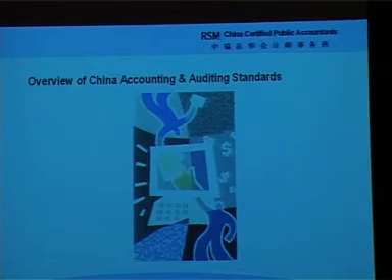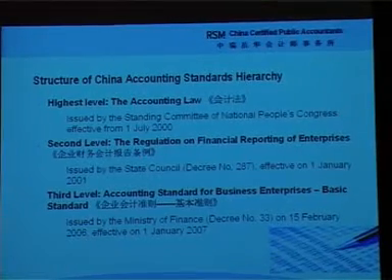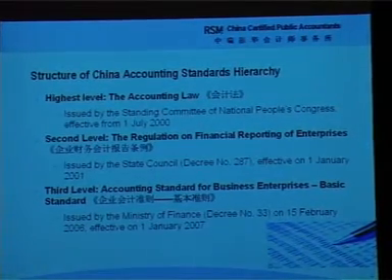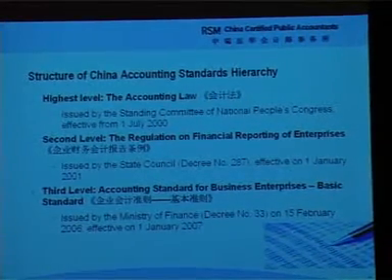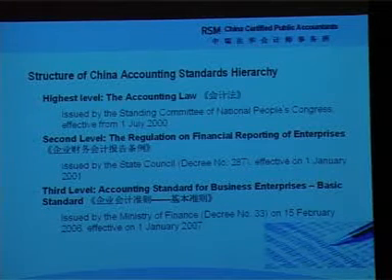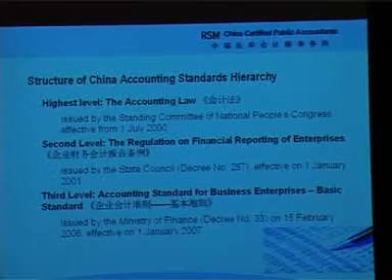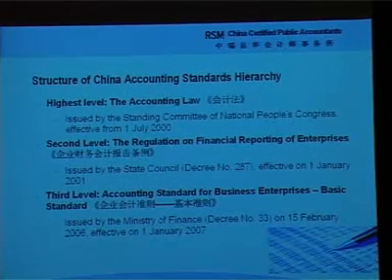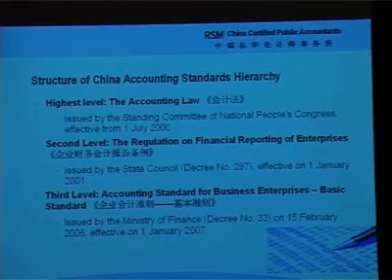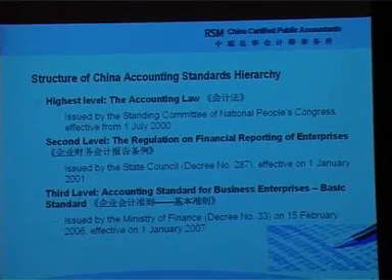Let's look at the first section. Overview of China accounting and auditing standards. First, let's look at the structure of the China accounting standards hierarchy. The highest level is the law promulgated by the Standing Committee of the National People's Congress, effective from the 1st of July 2000, the accounting law. And the second level is the regulation on financial reporting of enterprises.